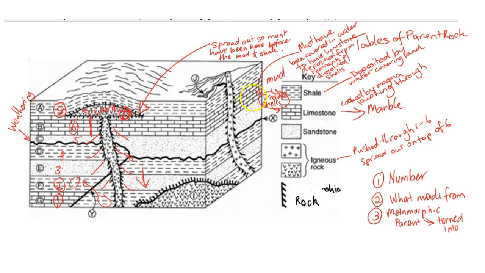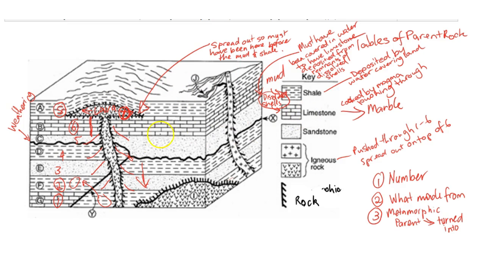So this area must have been covered by an ocean of water to deposit all that limestone. I've also talked about how shale comes from mud, therefore the area must have been covered by some sort of water that pushed mud over the land as well after the igneous rock.